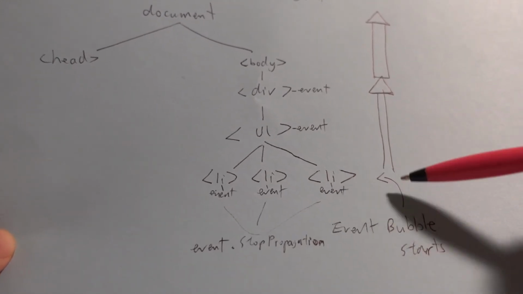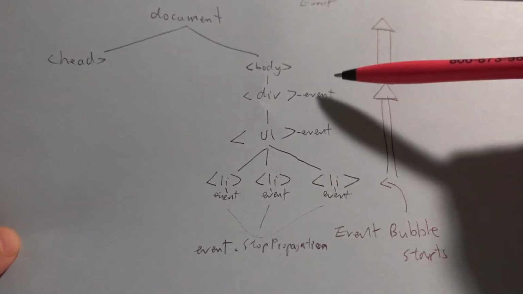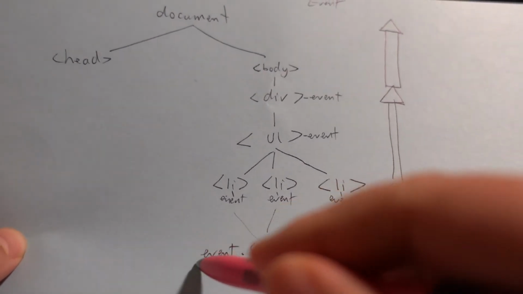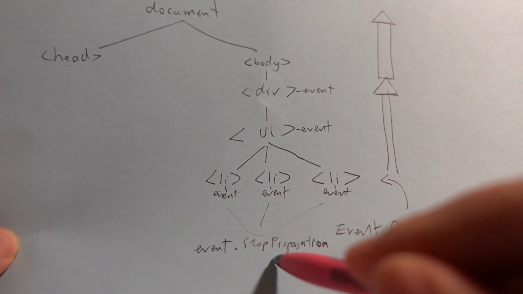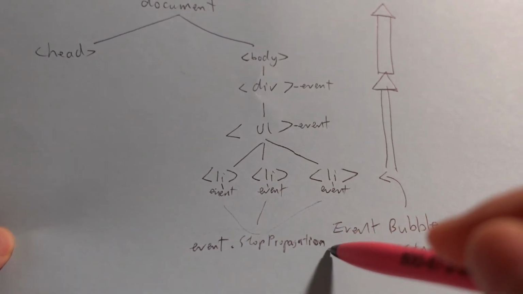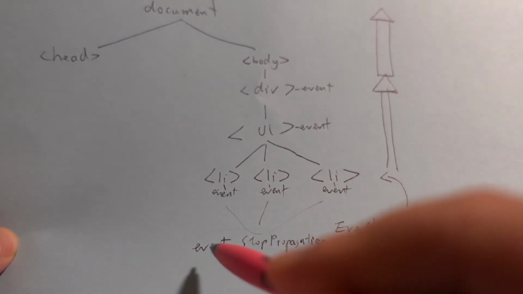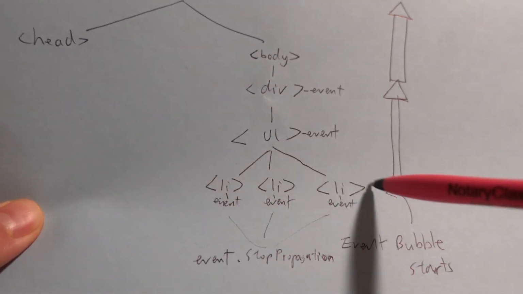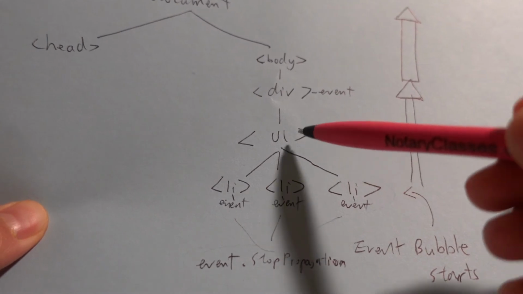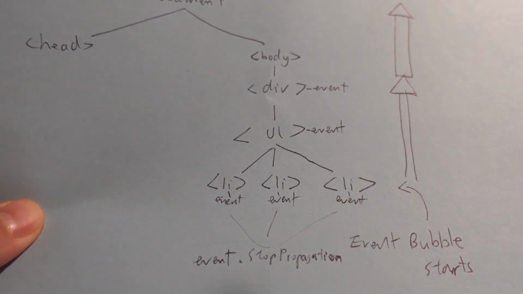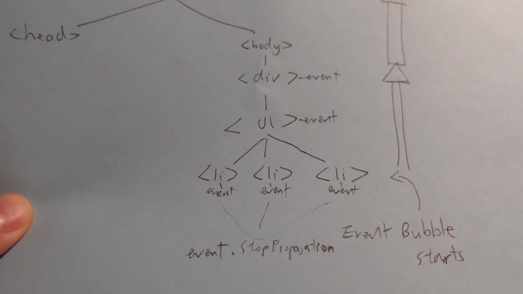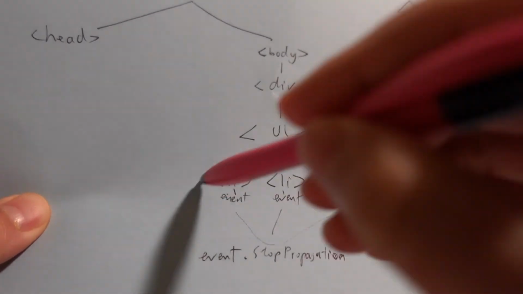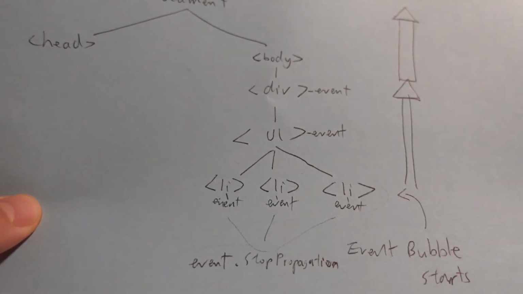By default, it will go up to look for the parent events. But once you have the stopPropagation function in the callback, then it will stop at the li level. It would not go up to the parent. So that's the case if you want to trigger only this event without going up the bubble.